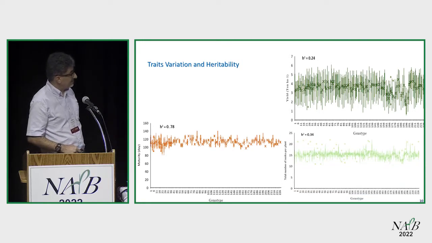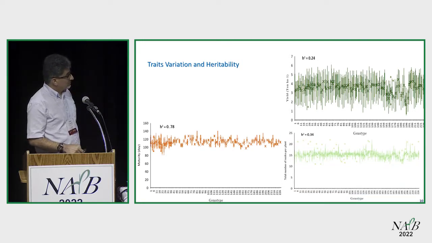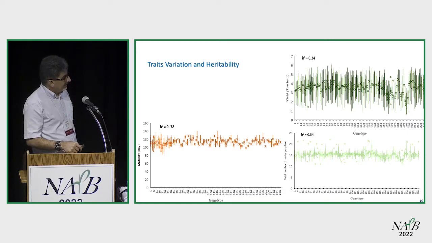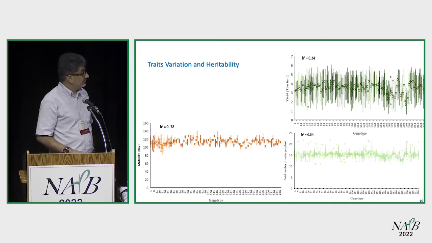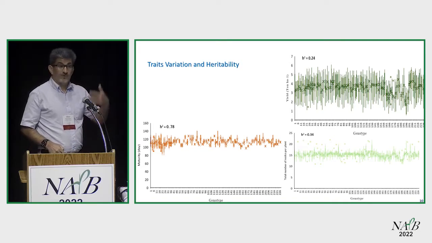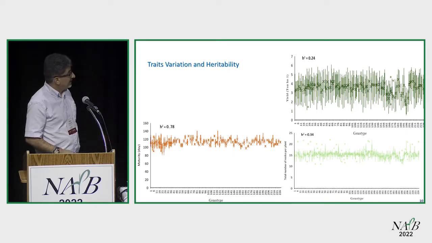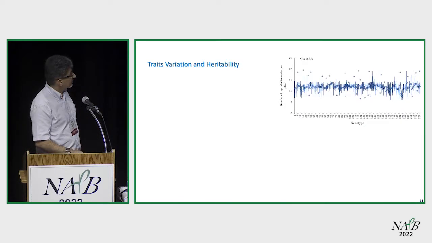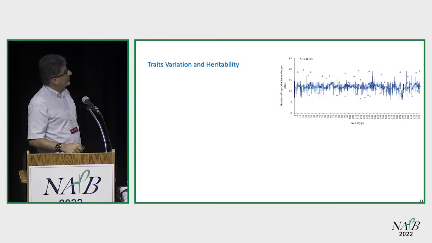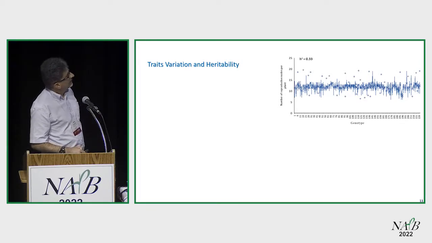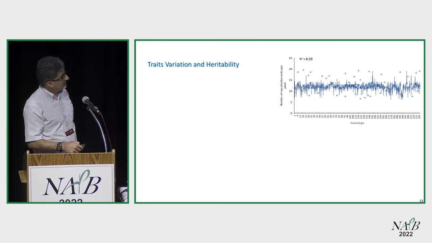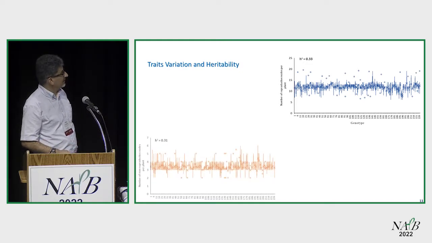The same here for number of nodes per plant. The heritability is 34%, and variability across environments for those genotypes is less than yield. Going back to the goal, we are looking for traits that are more heritable and less variable, less affected by environmental factors. The same for number of reproductive nodes, with heritability 33% and some level of variability.